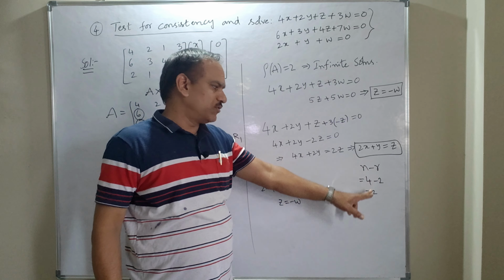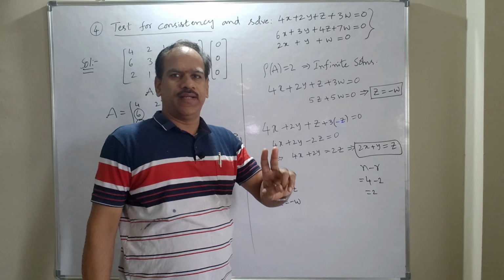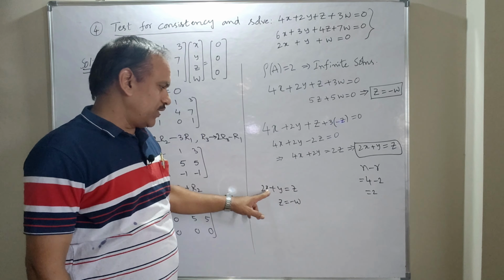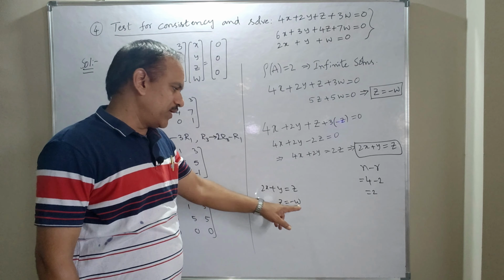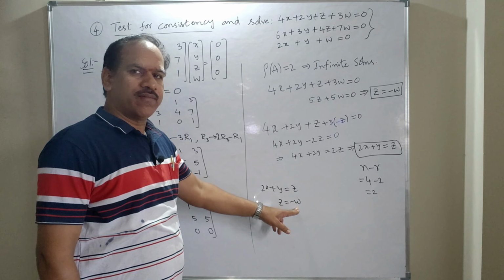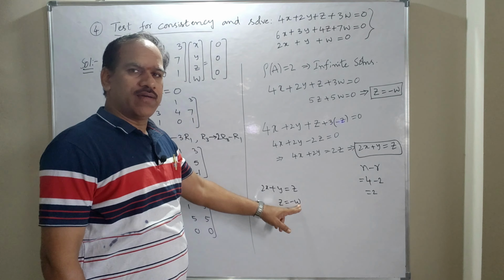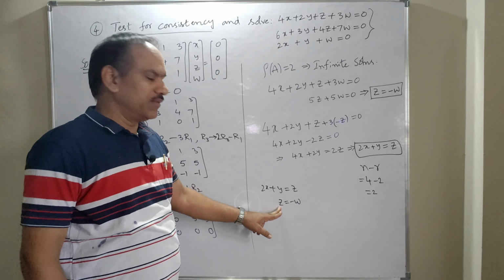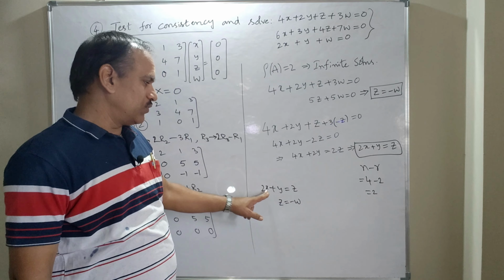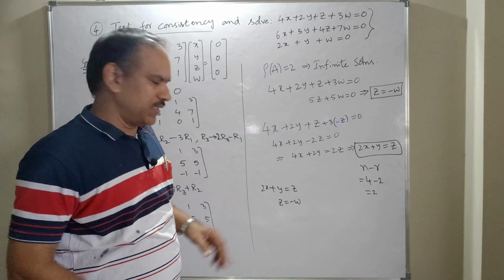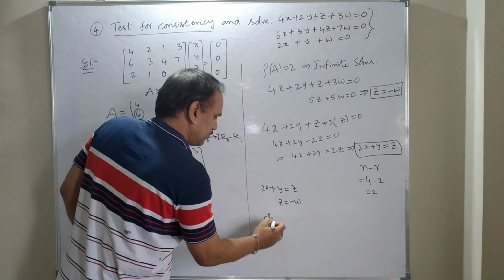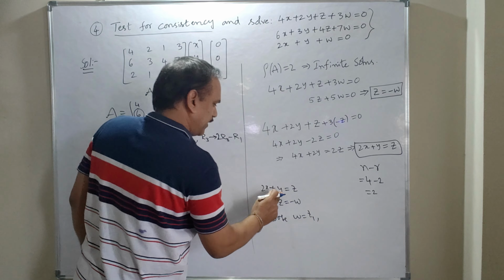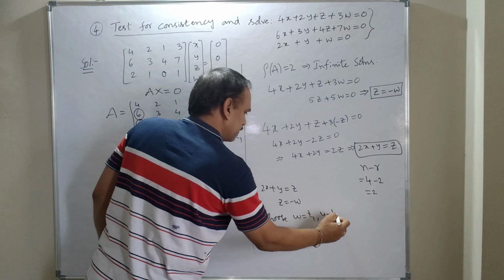As n minus r is 2, two variables are independent and two variables are dependent. If you observe 2x plus y equal to z and z equal to minus w, here z is depending on w. If you choose a value for w, you need not choose a value for z; you will obtain the value of z. So we have to choose another variable between x and y. Therefore, choose w equal to t1 and y equal to t2.